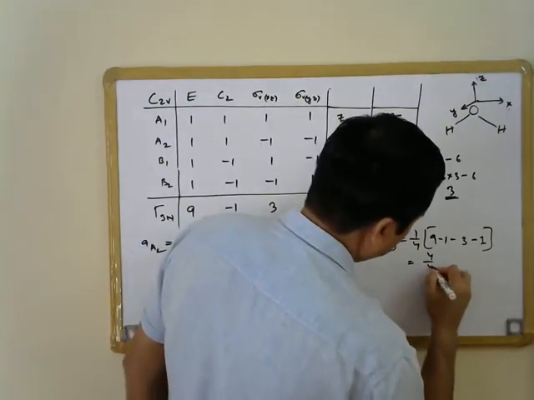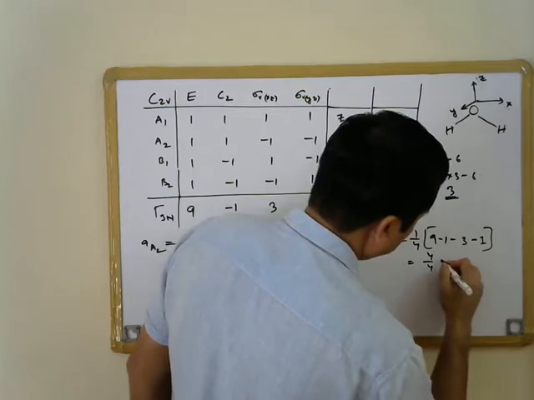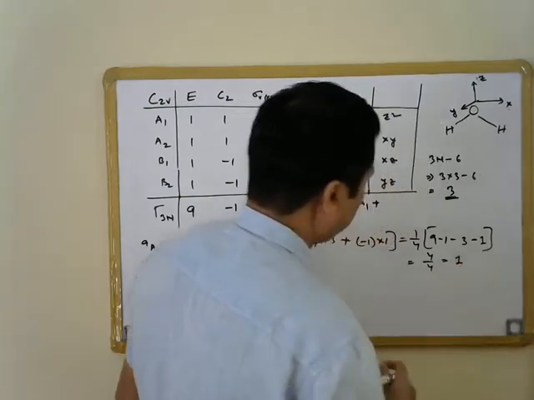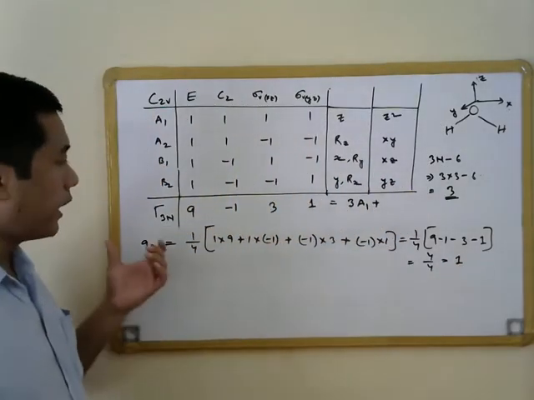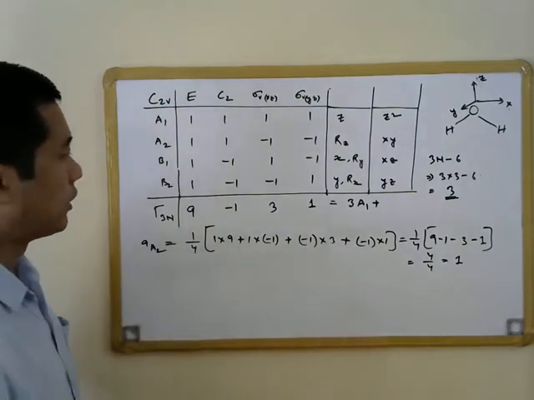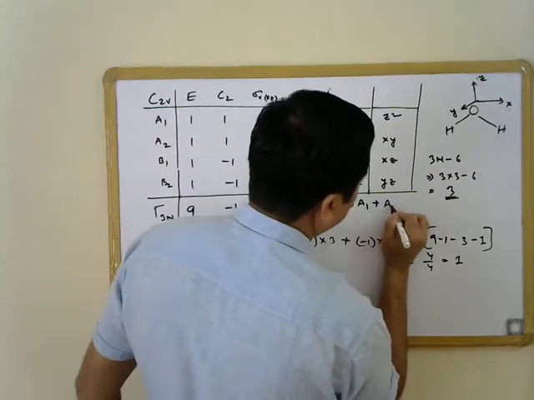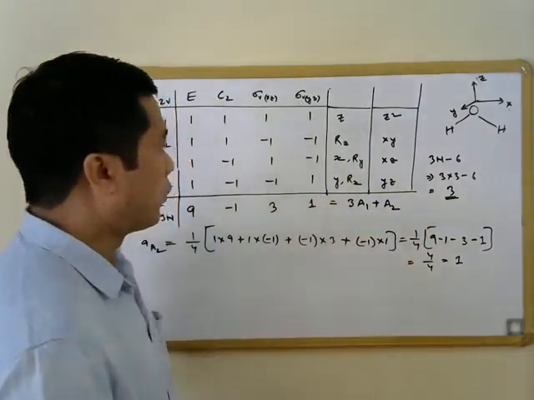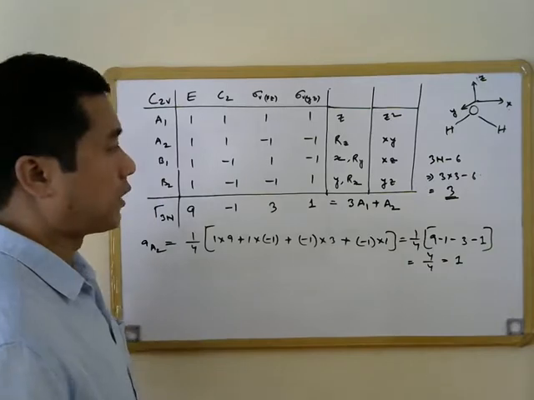So this is 9 minus 5, 4 by 4. So the answer is going to be equal to 1. So the A2 irreducible representation appears one time in this reducible representation, and we can write again here that A2 appears one time in this gamma 3n.